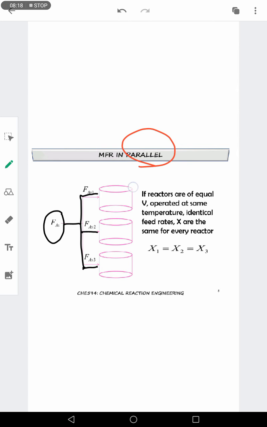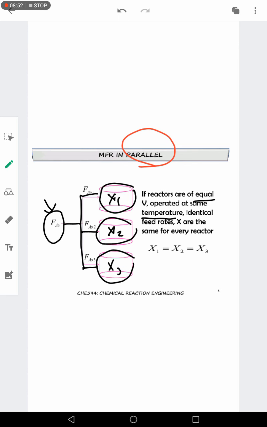And katalah the volume for every MFR in parallel is equal. Lepas tu the single reaction happens at the same temperature and you ada the same initial feed rate. So bermakna X1 conversion that happens in reaktor yang atas ni adalah sama dengan reaktor yang dekat bawah ni bersamaan dengan reaktor ni. Okay, that is the information that you need to know.